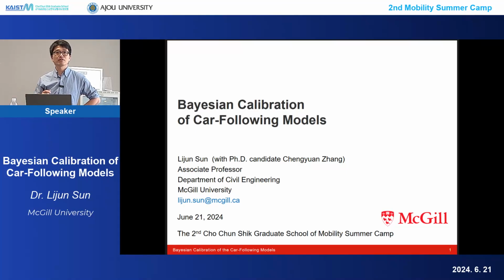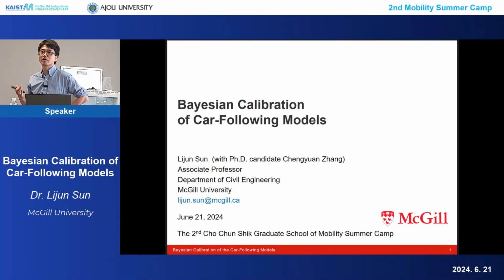Before implementing any of these models into a simulator or computer code, the first thing I need to do is set the parameters of the model correctly, and then start the analysis.